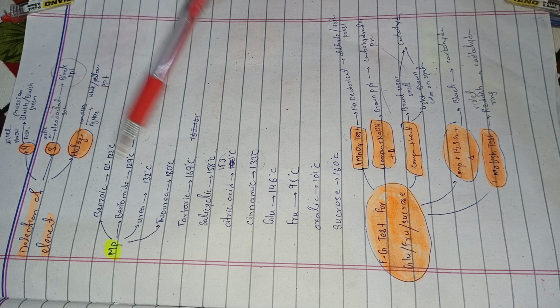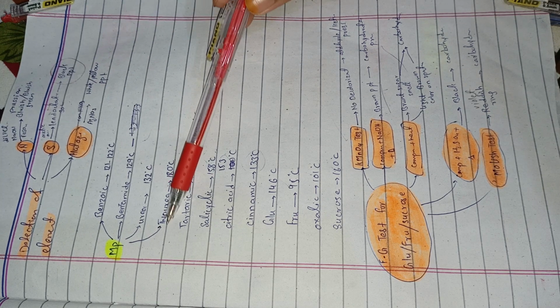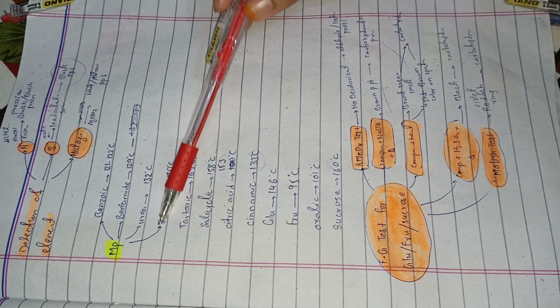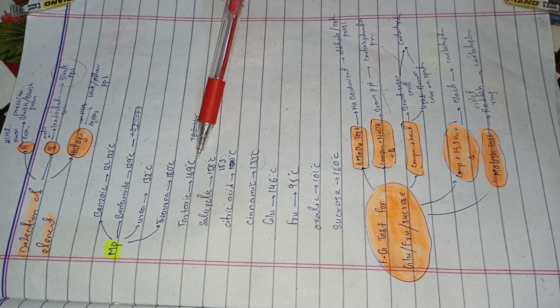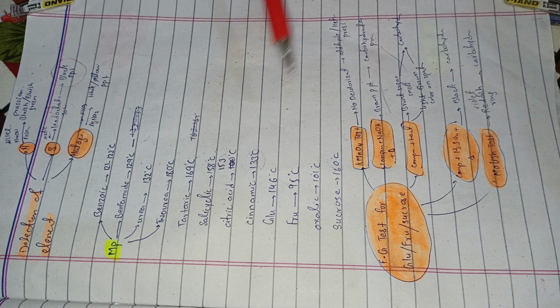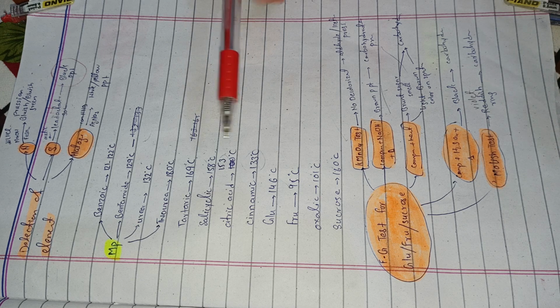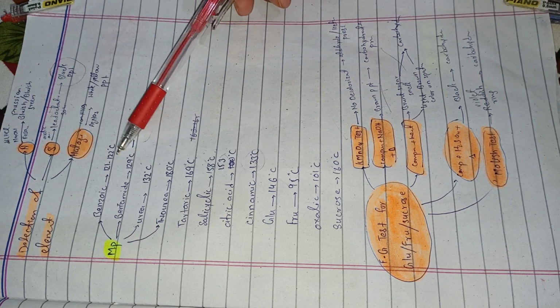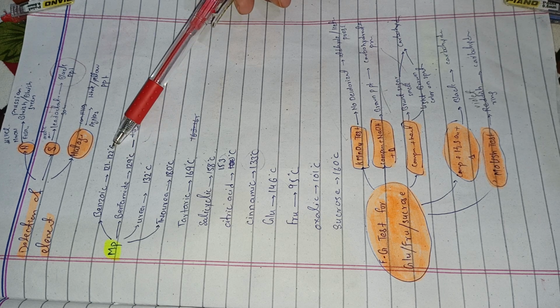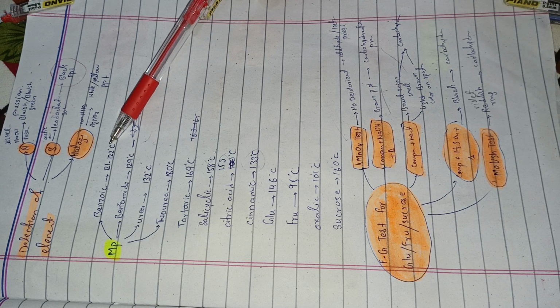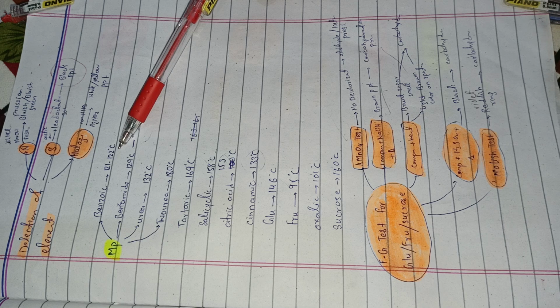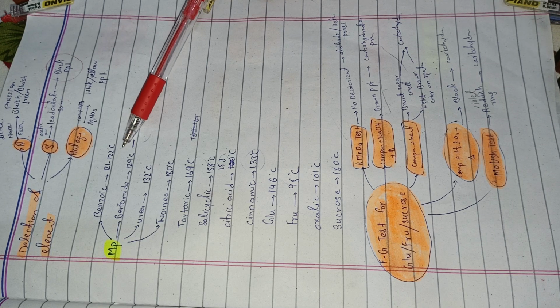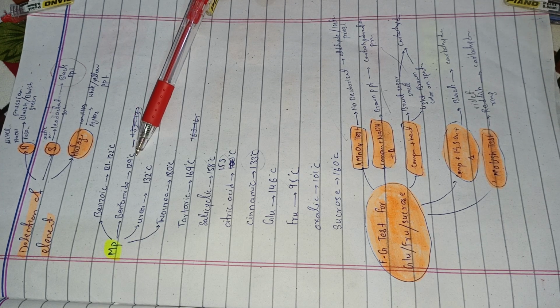First, the trick is that the highest melting point is of tartaric acid, which is 170 approximately. Now you can revise benzoic acid and benzamide, which have similar melting points. Benzoic acid has 121 to 122, and benzamide has 129.